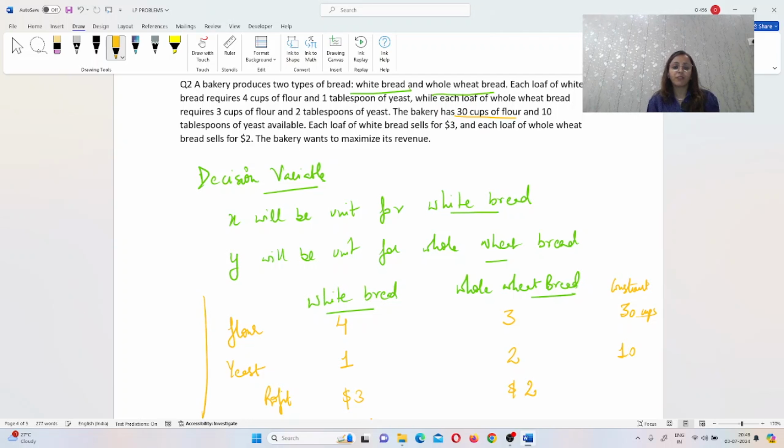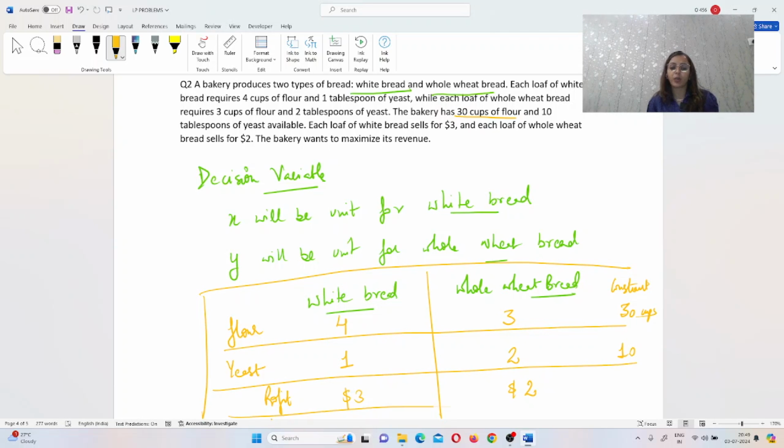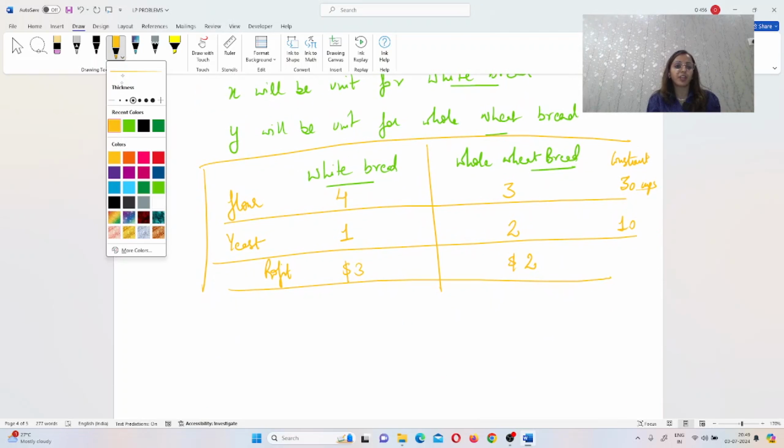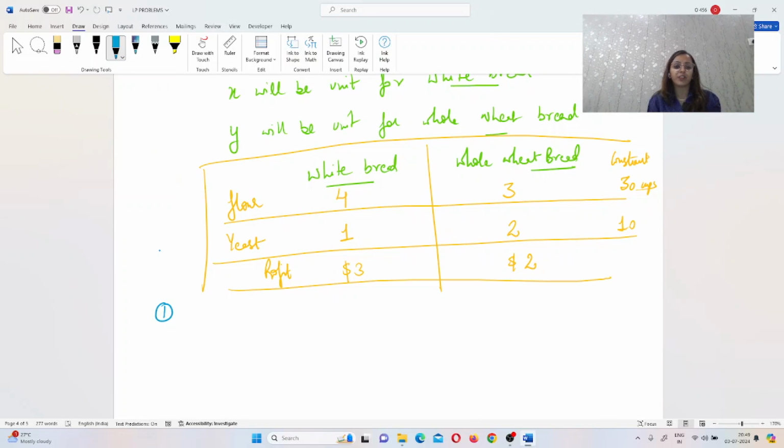You can present this information in the box format, and after making this box, you can decide your variables and how to formulate the constraints. Now formulate your constraints. It will be very easy for you to analyze the situation. Just put it in the equation. Your first constraint is related to flour, right?